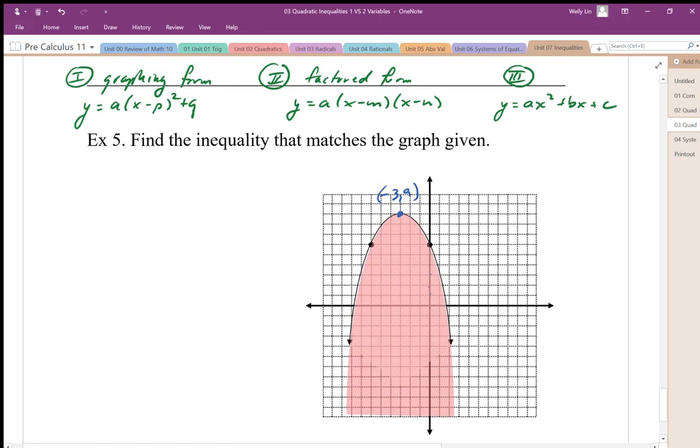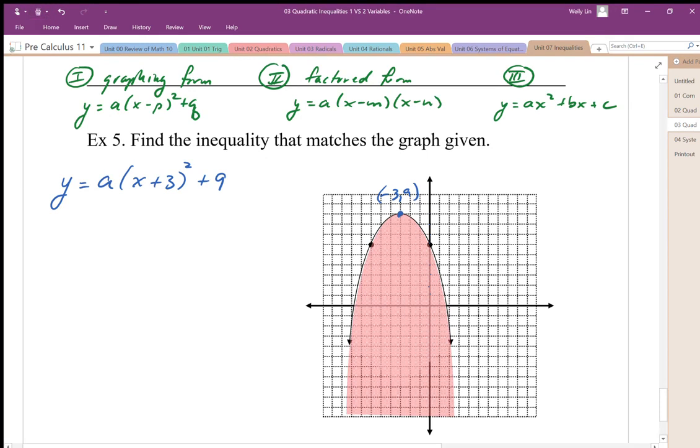Unless you're stuck with having to use it, we use that as the last option. Here we can apply our first option to find the boundary line, and I just plug in the x and y coordinates of my vertex. This looks like a 9, but that's a q, as we give that variable a q. So there's our vertex form.